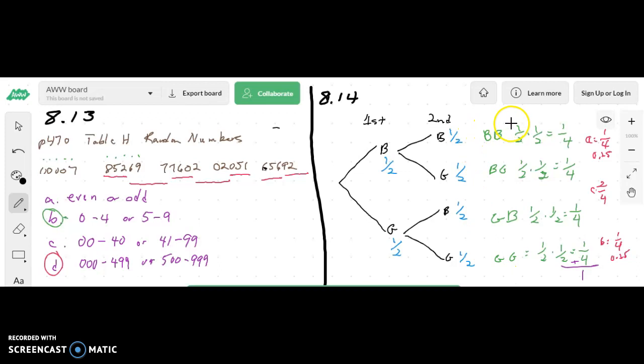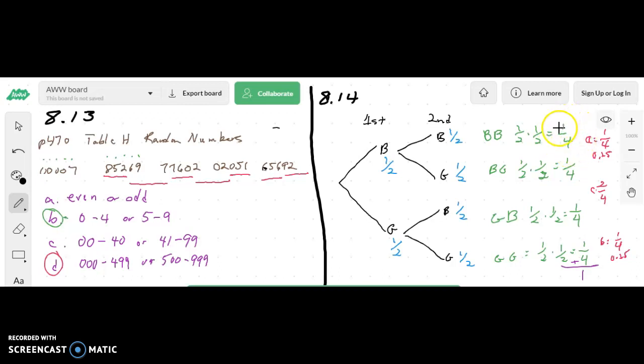And the probabilities assigned to these are as such. If the probability that the first child is a boy is 1/2, and the probability that the second child is a boy is 1/2, and these are independent events, then I multiply the two 1/2s to get 1/4, which gives us the probability that both children are boys.